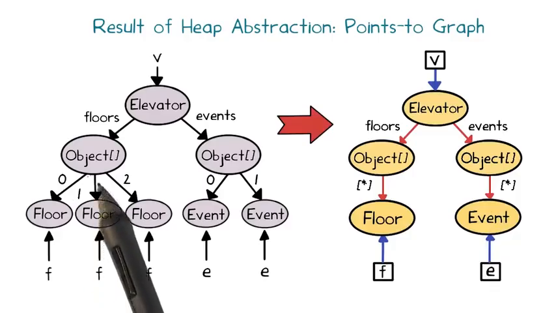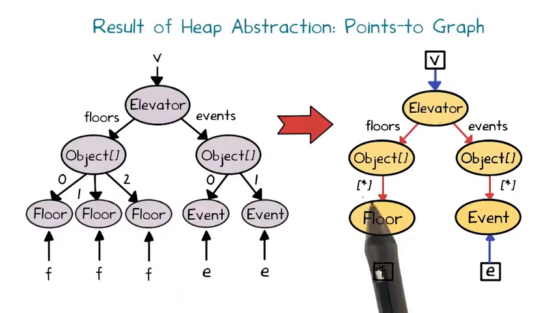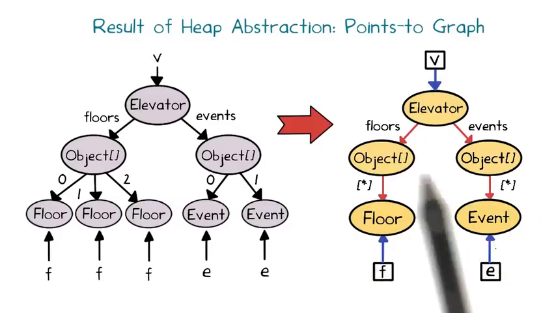Instead of labeling the pointers from the object array nodes to these individual objects by array indices, we use the non-deterministic choice symbol asterisk. And also observe that the variables f and e now point to a single node each instead of multiple nodes. The type of graph that this heap abstraction produces is called a points-to graph.